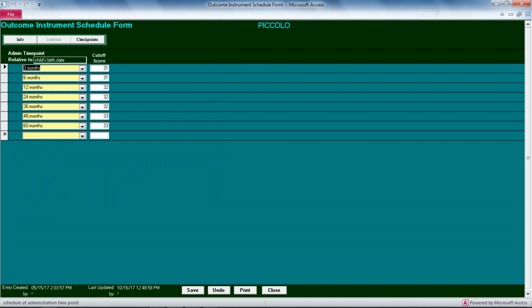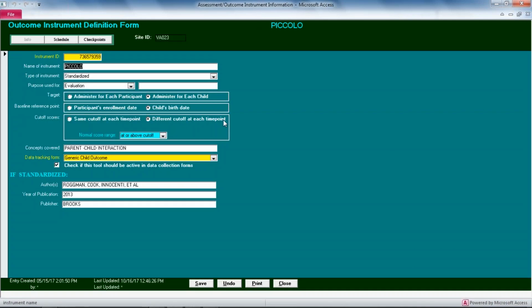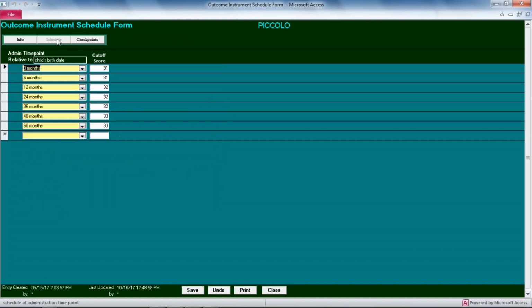When you select that it is different cutoffs at each time point, nothing is entered into the cutoff scores on the schedule, so you need to come into the schedule and enter these cutoffs.